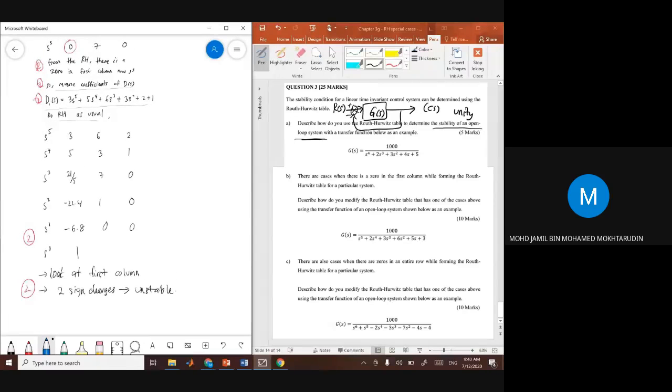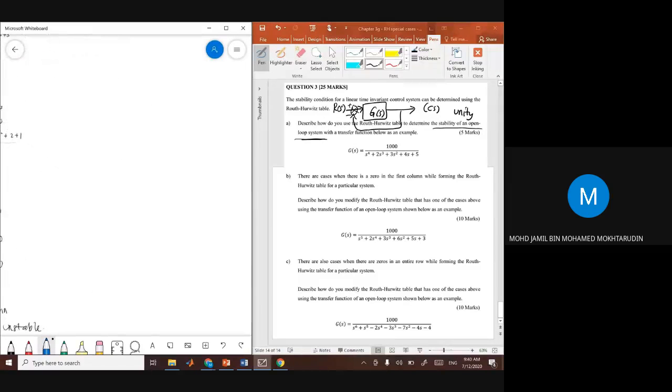Okay, last question. There are also cases when there are zeros in an entire row while forming the Routh-Hurwitz table. Describe how you modify the Routh-Hurwitz table. Okay, so take the denominator.